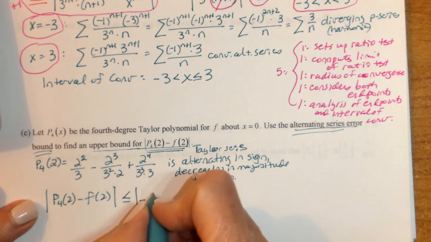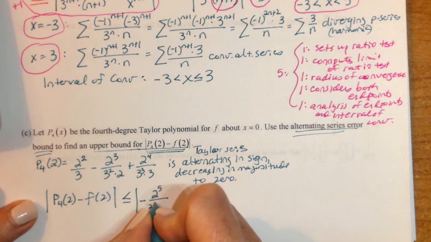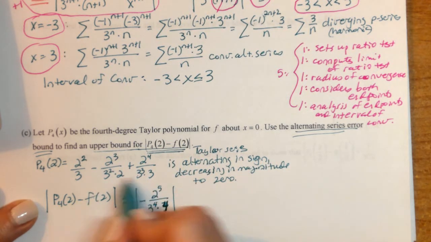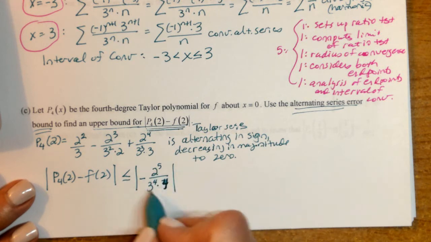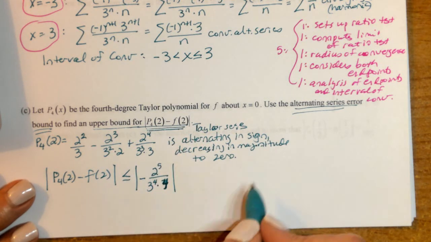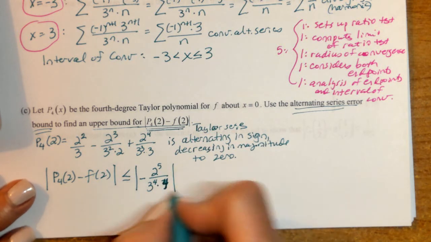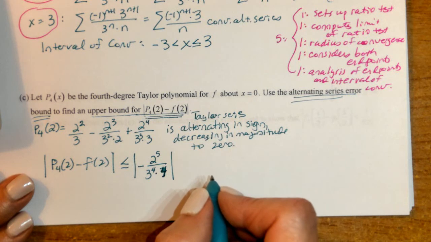It was negative 2 to the 5th over 3 to the 4th times 4. I just go to my next term in the pattern. The first omitted term, right? And so that is our upper bound right there. That's all we need to say.